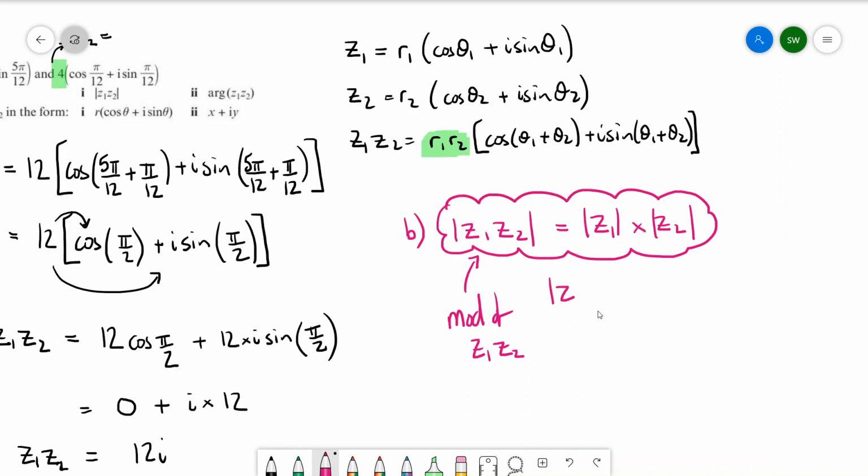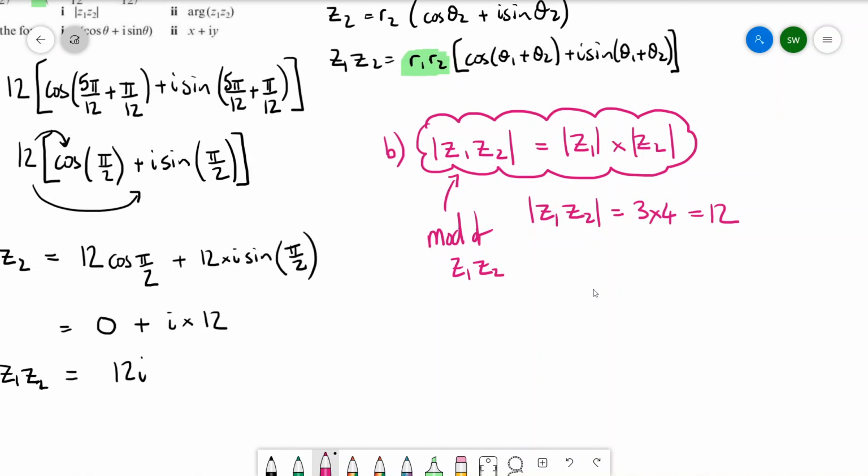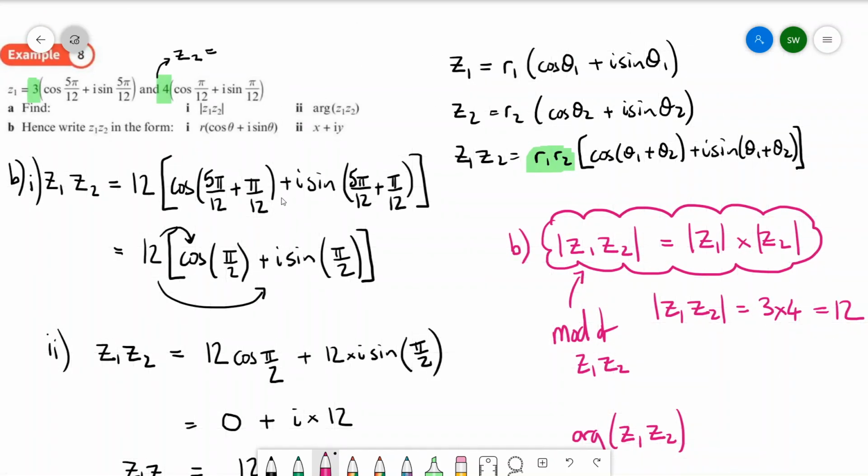So in our case, the modulus of Z1 times Z2, we did 3 times 4, which got us 12. And we could work out the argument of Z1 times Z2. Well, the argument of Z1 times Z2 is this part here inside the bracket. And the way that we got that is we added together the two arguments of the complex numbers that we're timesing together.